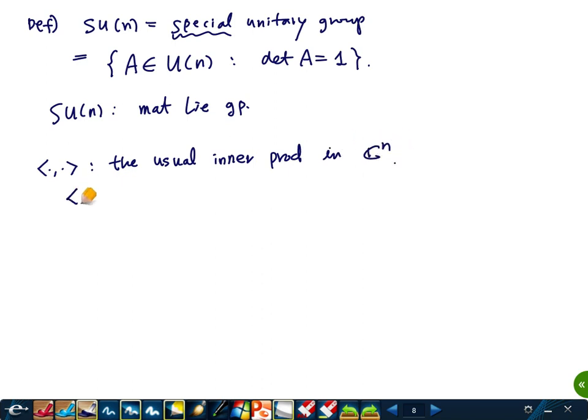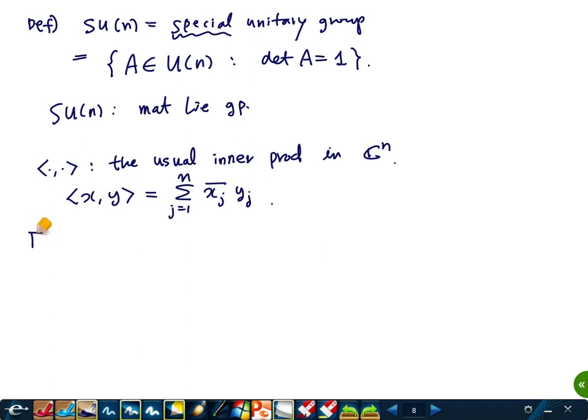That means for vectors x, y, the summation over j from 1 to n of x_j bar times y_j. So we take the conjugate of the first vector. This is the standard inner product.